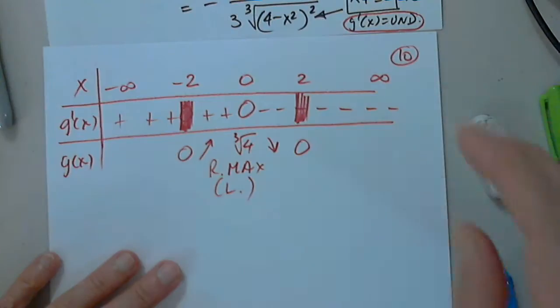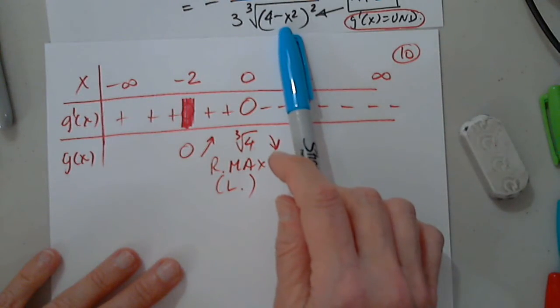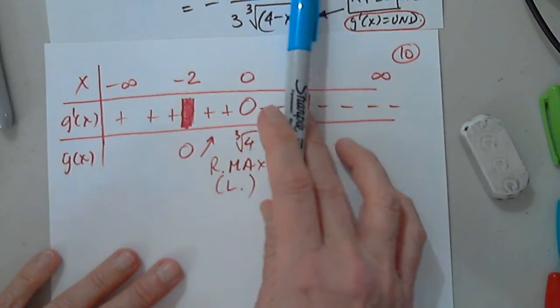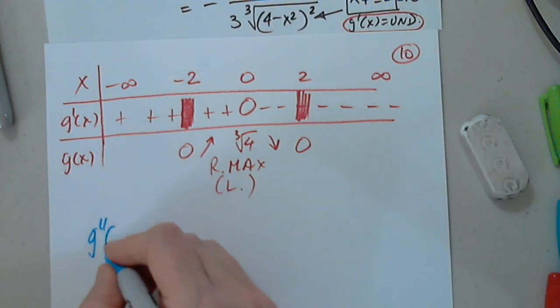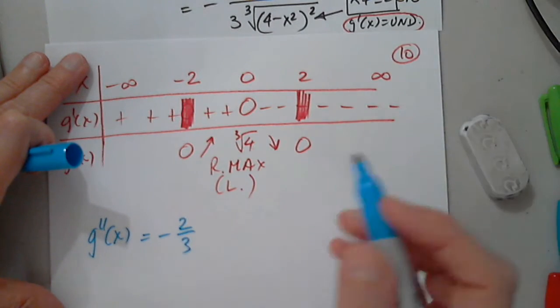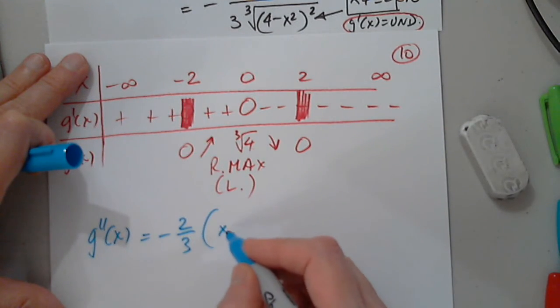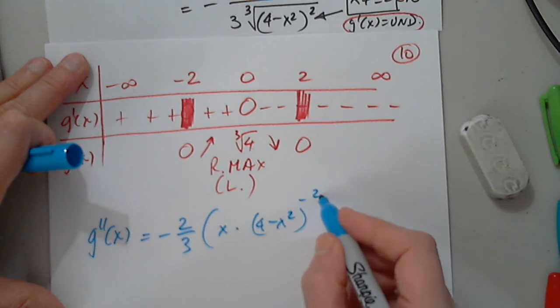So concavity, I have to determine the second derivative, and I'm going to massage it a little bit. So I'm going to differentiate -2/3 outside, and then x times (4 minus x squared) to the -2/3.